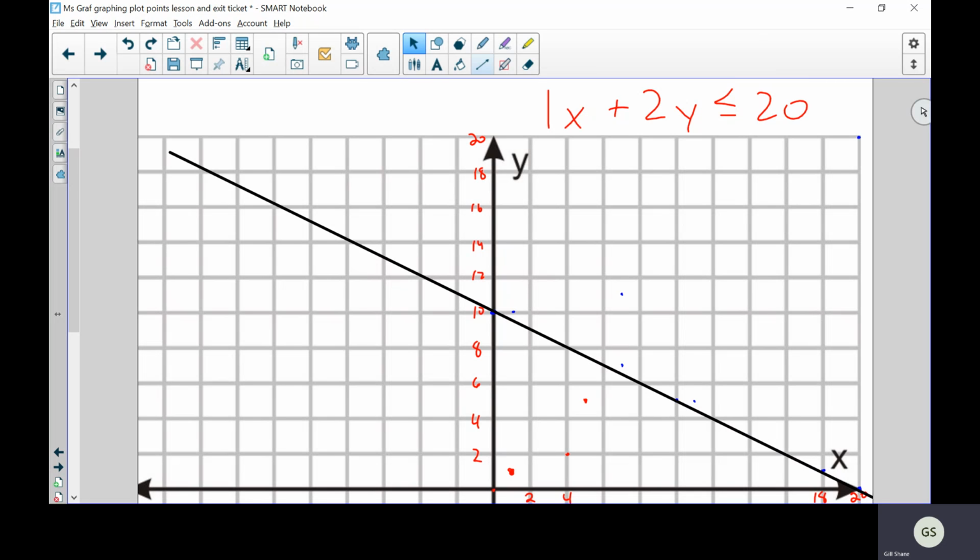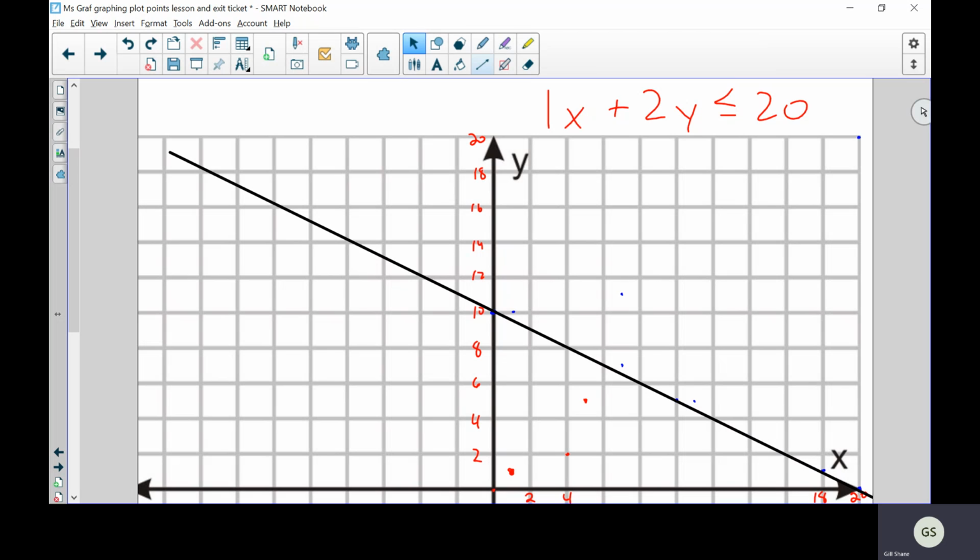So any point above the line, the left side will be greater than the right side, so it wouldn't work. If we pick 20. Oh, and the farther away from the line you are, by the way, the farther away you are from the $20. Like you notice when I picked this point way up here, that was $60.